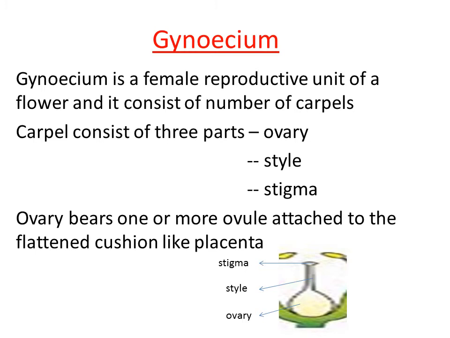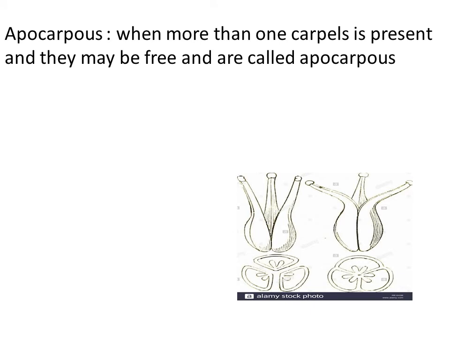Now let us study one of the important concepts of the gynoecium, that is, the conditions of gynoecium. One such condition of gynoecium is apocarpous. What do you mean by apocarpous? In this case, the flower consists of more than one carpel, right?